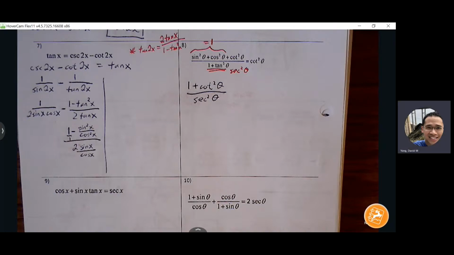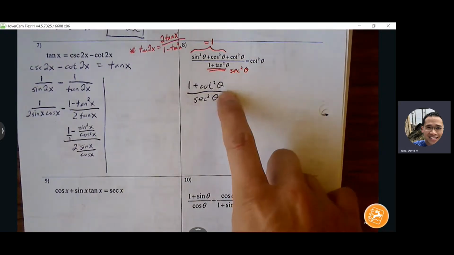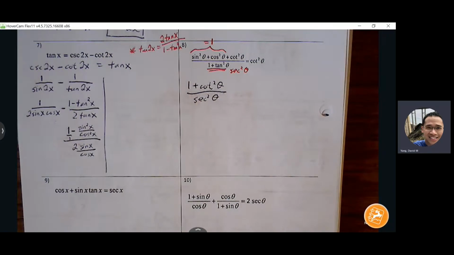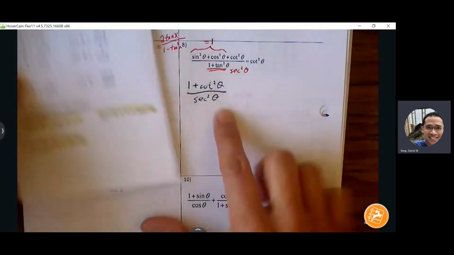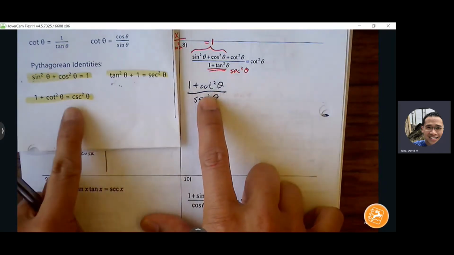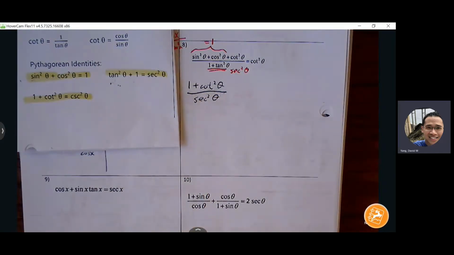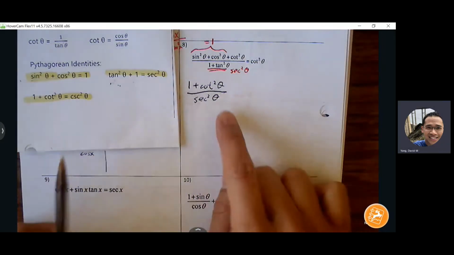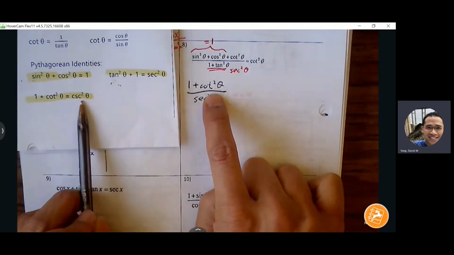Yeah, I think there's a lot of ways to get there. You can split the fraction, produce another identity to get that cotangent squared. You can get everything in terms of sine and cosine. You can use an identity from here: 1 plus cotangent squared is cosecant squared. So I think there's a lot of options here. Those are all going to work. Okay. But I'm just going to convert this. I see another identity.